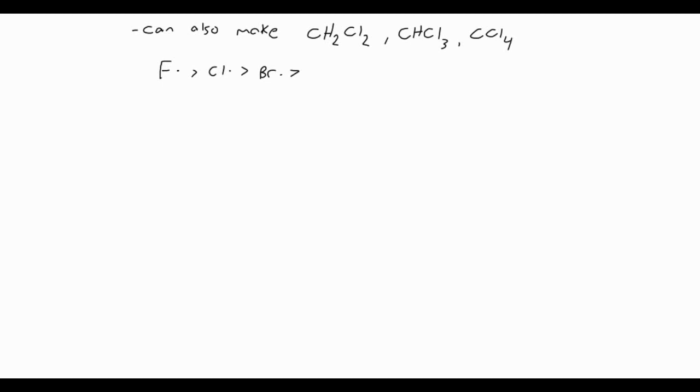And it just goes straight down the group, all the way until iodine, which is the least reactive. And this has to do with the strength of whatever bond, so whatever halogen you have, its bond to hydrogen. So the strength of the HX bond is what determines these reactivities.